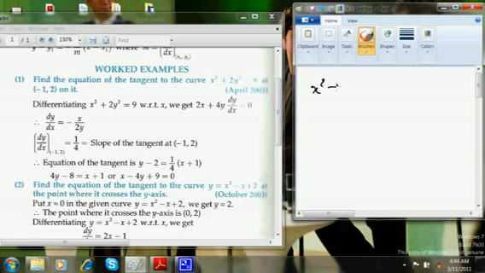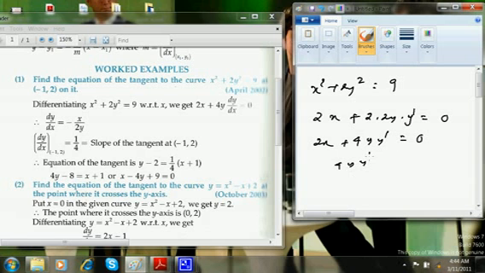So it's x square plus 2y square is 9, so this is 2x plus 2 into 2y into dy by dx, what I'm writing as y dash. The derivative of 9 is 0. So 2x plus 4y y dash is 0. So 4y y dash is minus 2x.